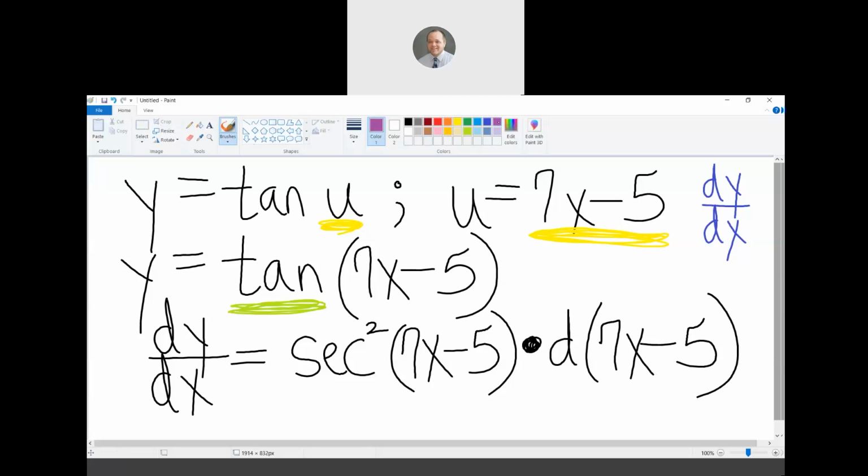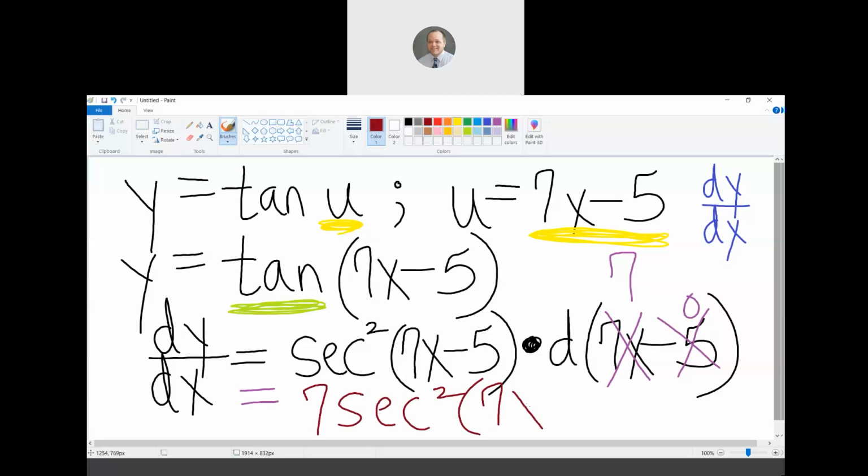The derivative of negative 5, because negative 5 is a constant, its derivative is 0. And the derivative of 7x is just 7. Once we move the 7 in front of our secant squared, our final answer is 7 times secant squared of, in parentheses, 7x minus 5.